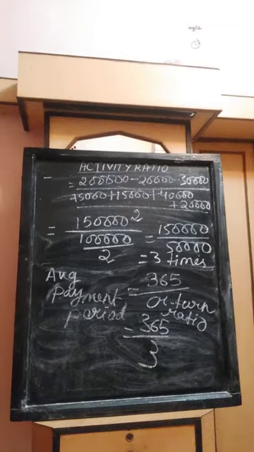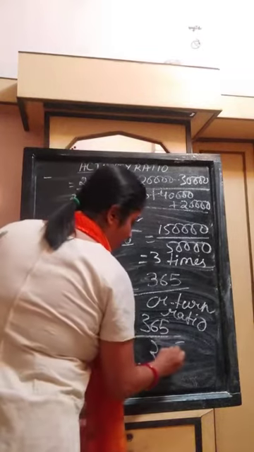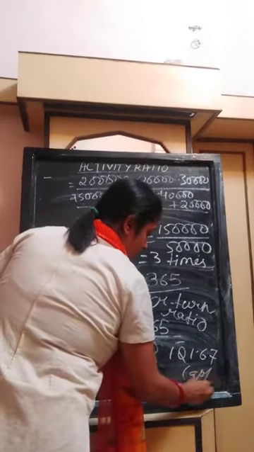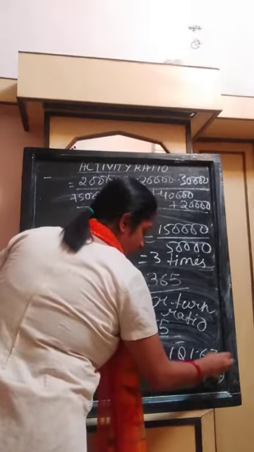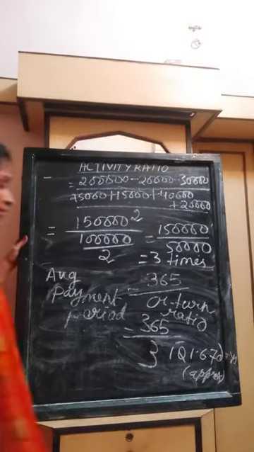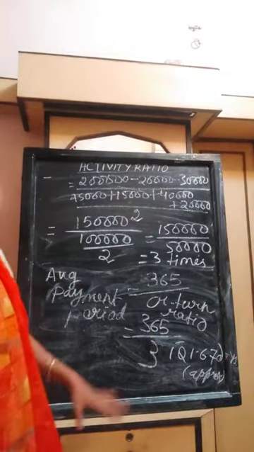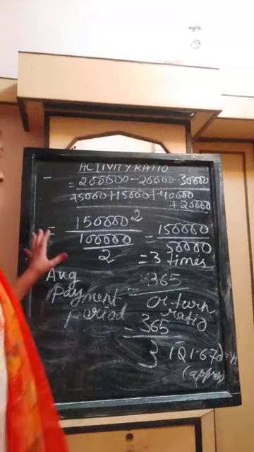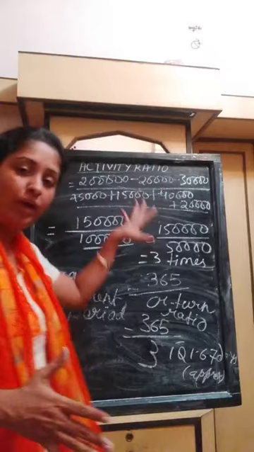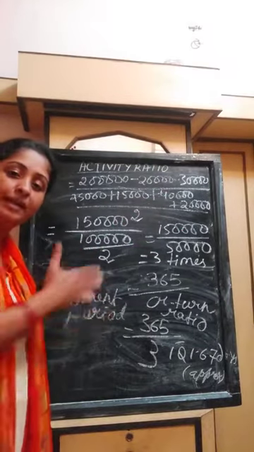Now you have to calculate 365 divided by 3, which is coming 121.67 approximately. 121.67 days is what is coming as the average payment period. In this way you will solve the sums of creditors turnover ratio as well as average payment period, the way I have shown you through an illustration.